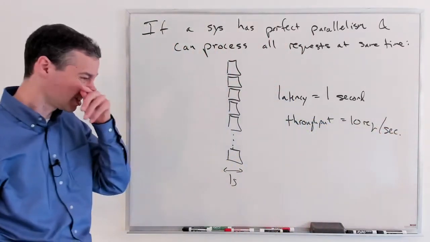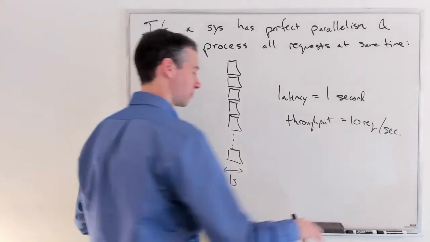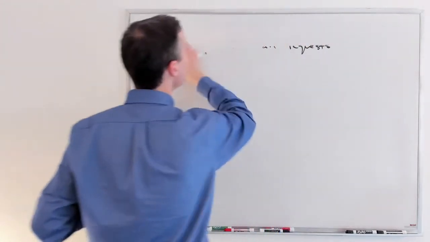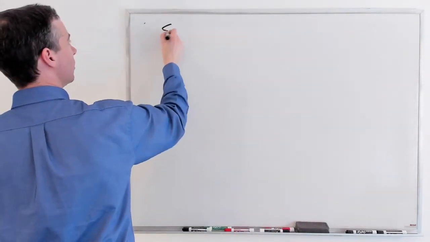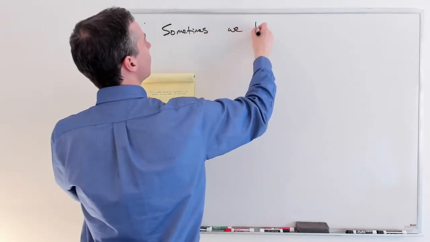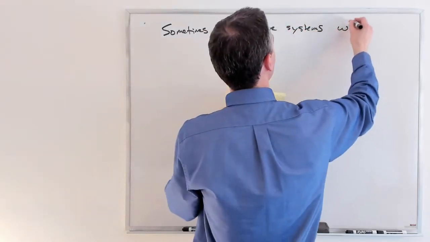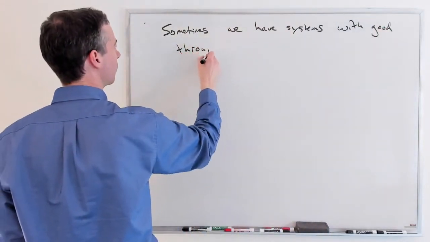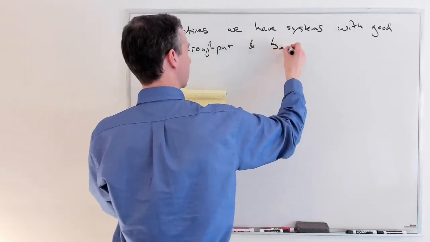Okay, but we always need to understand notions of throughput and latency, because sometimes we can have scenarios in systems where if you were to only be measuring throughput, sometimes we have systems with good throughput and bad latency.